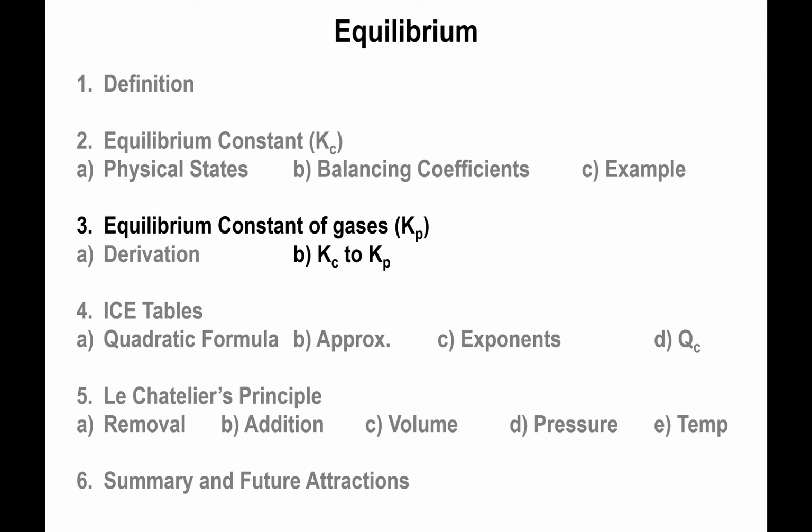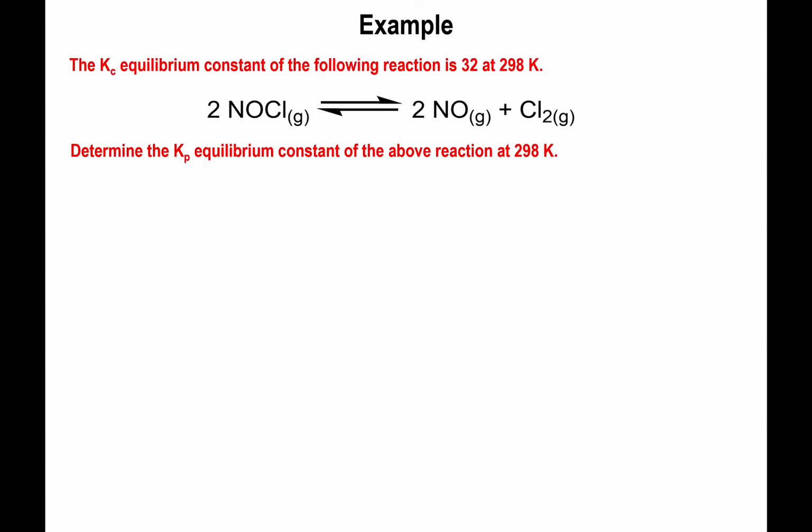Alright, so let's do a quick little example of this. In this expression, as you can see, everything is a gas. So we can actually deal with the Kp expression. And what we're being told right here is that the Kc equilibrium constant for this reaction is 32 at 298 Kelvin. We want to use that information to find out the value of Kp.